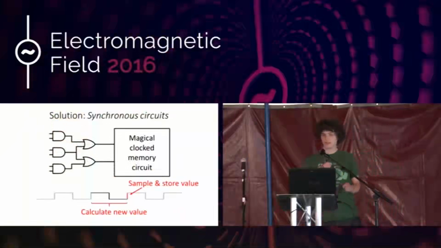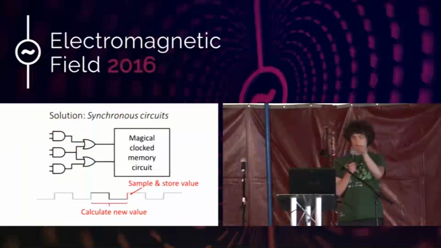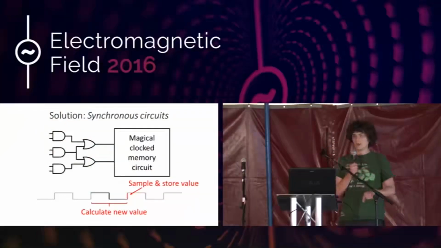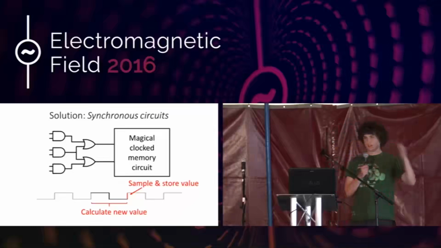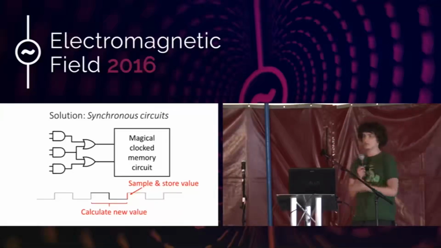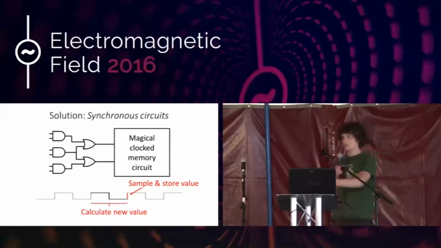Typically a clock signal will look like this, so it's an oscillating signal. And what we typically do is we say, whenever the clock signal goes from 0 to 1, then our memory circuit should copy the value that is at its input and place it at the output. And during all the other time in the cycle, we give the logic circuit the time to process its input and to let the value ripple through to the output so that it's nice and stable.